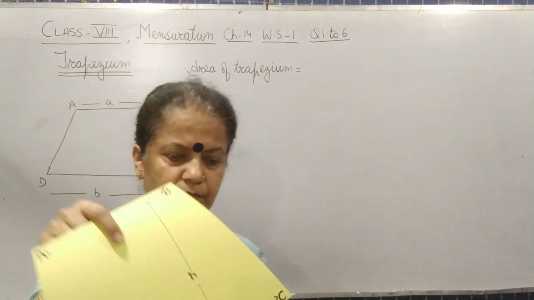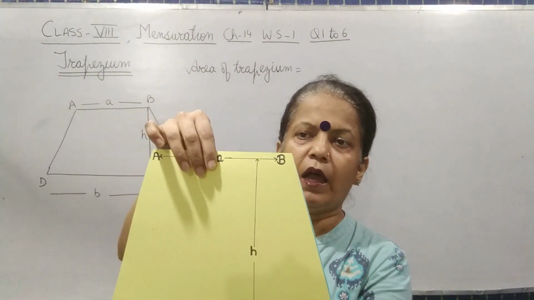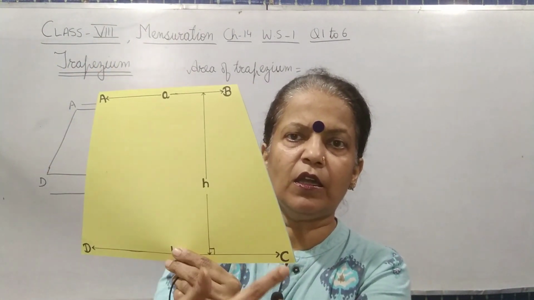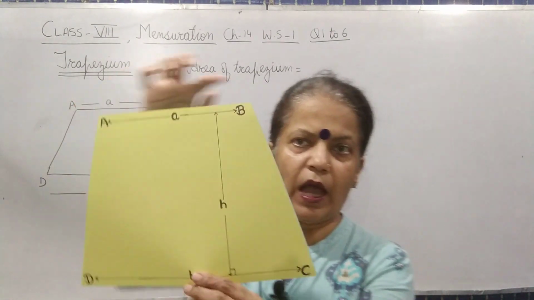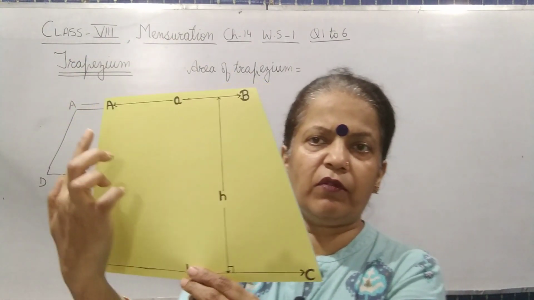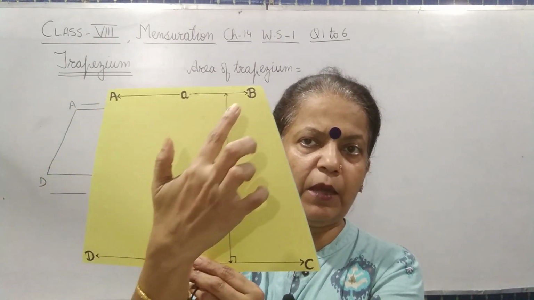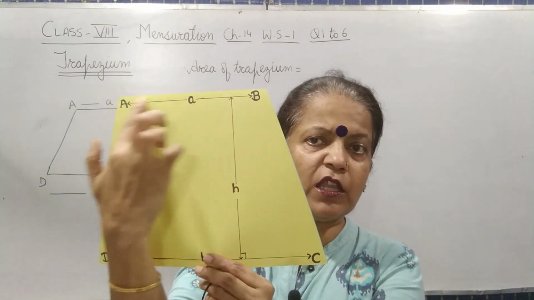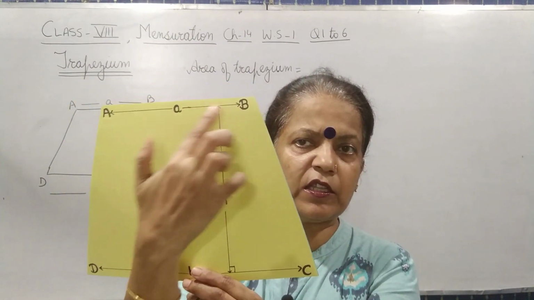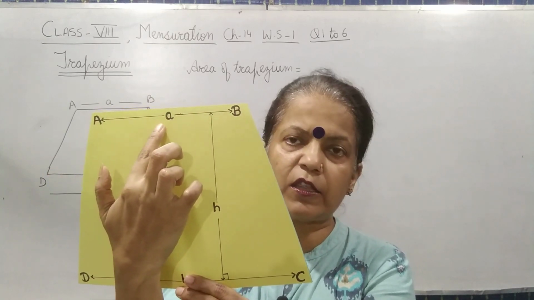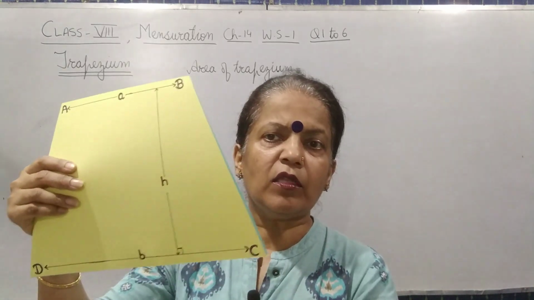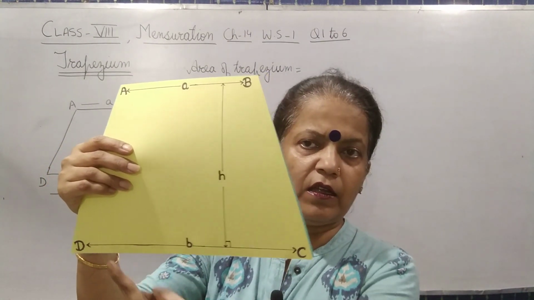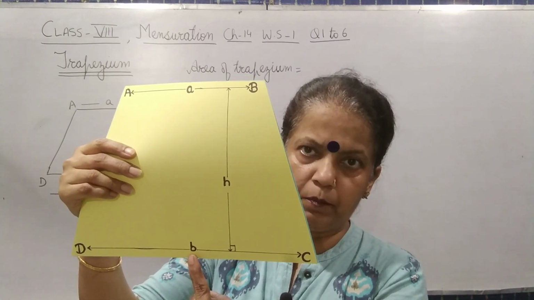Suppose, look here, I have named this quadrilateral A, B, C and D. Again, this is a quadrilateral having vertices A, B, C and D. The length of this line I have taken as small a, and the length of CD I have taken as small b.